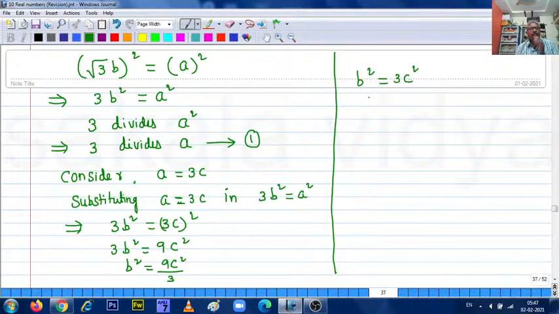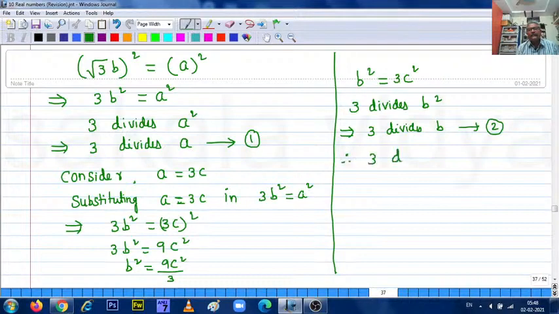b square is equal to 3c square means 3 divides b square. We need to write 3 divides b square, which implies 3 also divides b. Say equation 2. So therefore 3 divides both a and b.